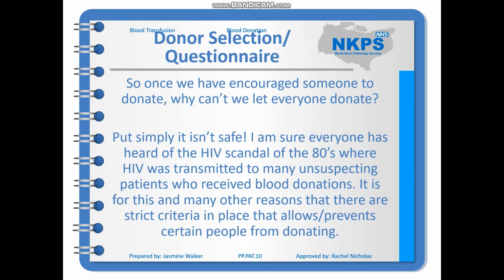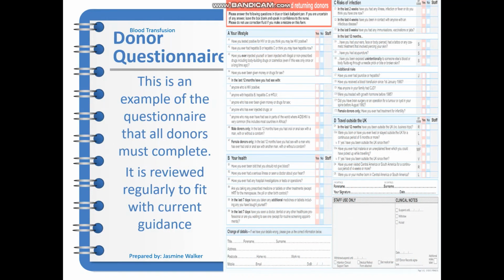So it's for this and many other reasons that there are strict criteria in place that allow or prevent certain people from donating. These are reviewed very regularly because research information is constantly changing. So it's important that we keep up to date with the most current information out there to make sure that people are kept safe, and also that we're not excluding donors unnecessarily.